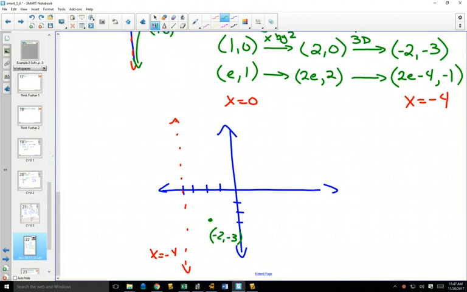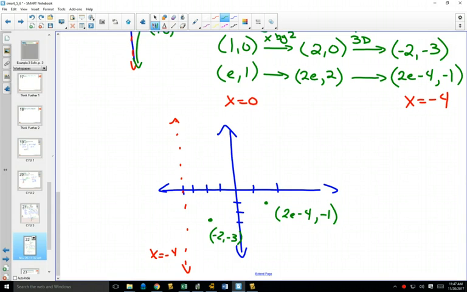Now, if e is about 2.7, 2 times 2.7 is 5.4, minus 4 is going to be 1.4. So I need to label a point at about 1.4, -1. Again, when I label it, I'll label it with its exact value. But as far as estimating where that point should be, that's how you can do that.